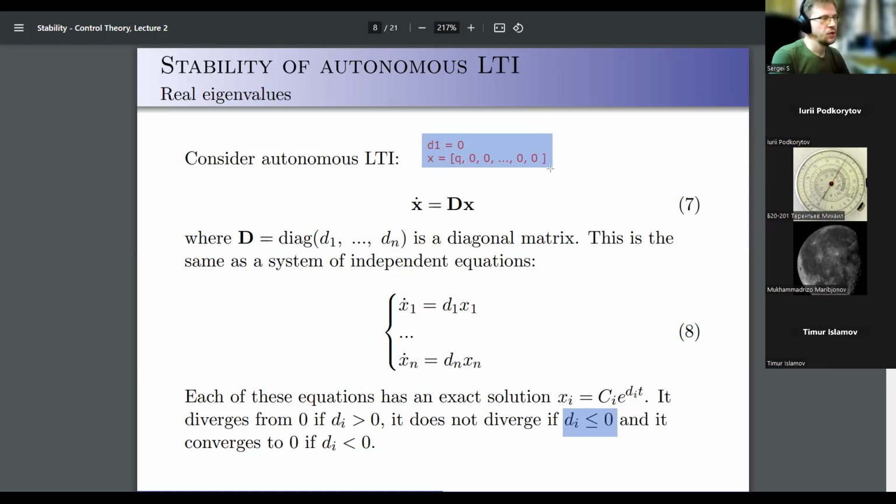We wouldn't be able to come up with a linear system which has one solution or critical point which is stable, and some other critical point which is unstable or marginally stable. Either all of them are stable or none of them are stable. Okay, this is just an easy illustration with a simple example. To prove the same for general matrices, we just need a little bit of linear algebra.